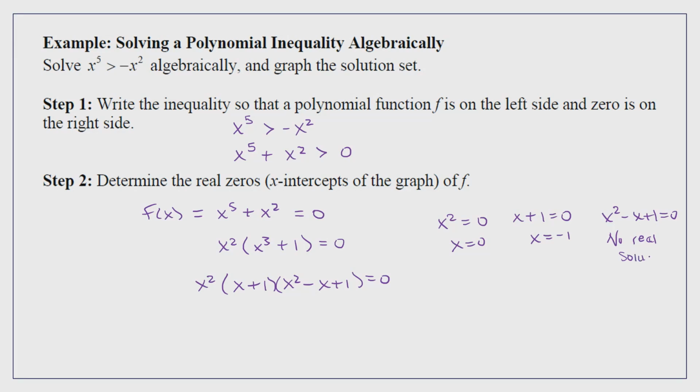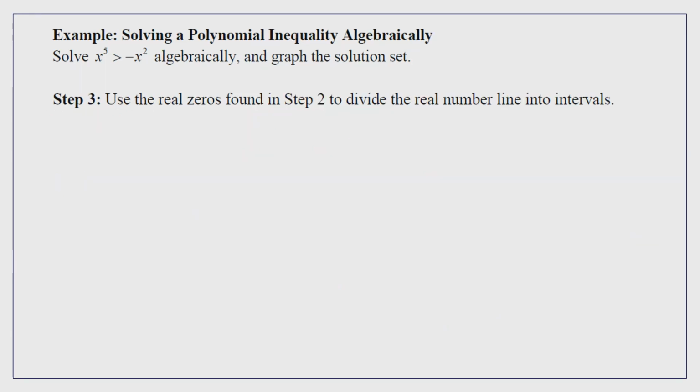So it gives us imaginary solutions, but no real solutions. So then we know that our x-intercepts are going to be the points (0, 0) and (negative 1, 0). So those are the two x-intercepts. Now for step 3, we're asked to use the real zeros that we found in step 2 to divide the real number line into intervals.